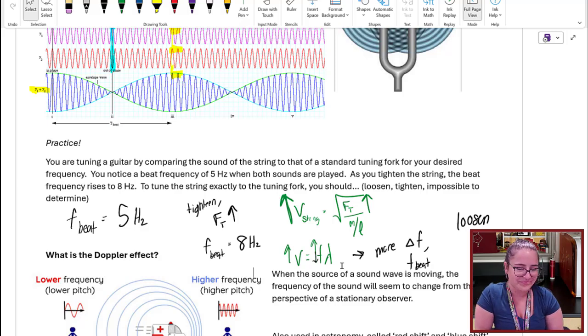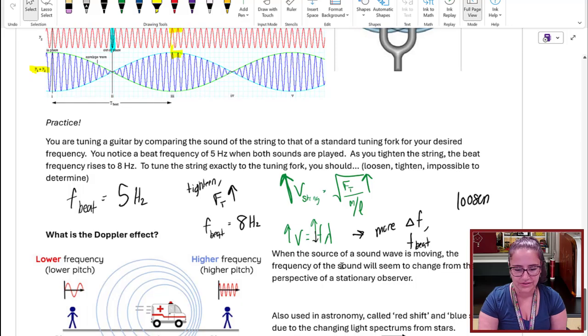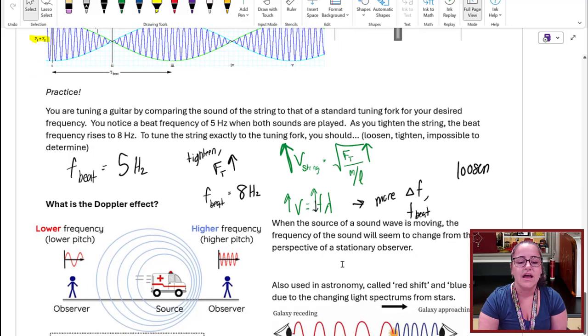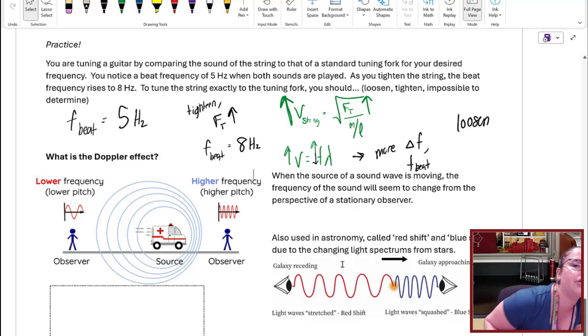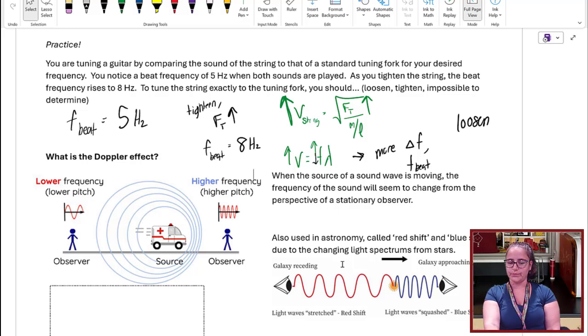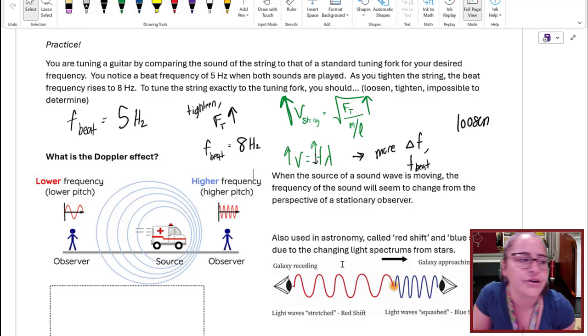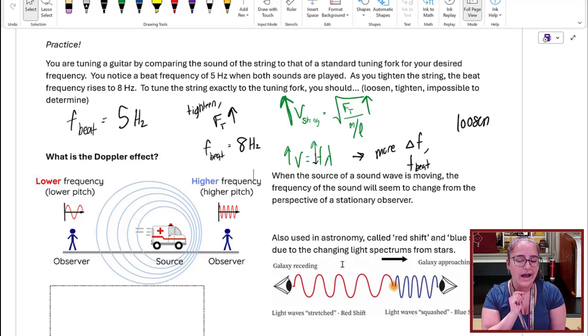Okay, cool? One last thing to talk about with regards to sound, which is the Doppler effect. Highly recommend you watch Dr. Sheldon Cooper from The Big Bang Theory explain the Doppler effect. I'll link that video here.